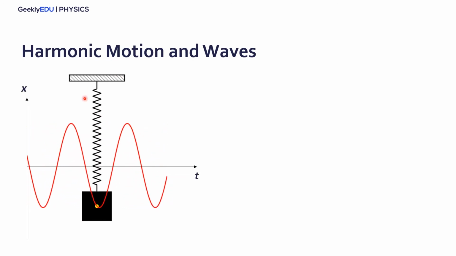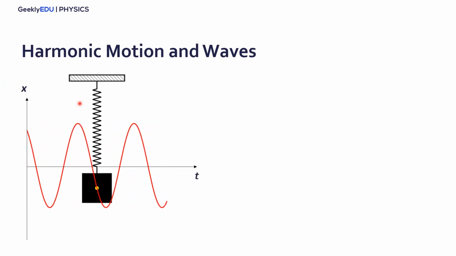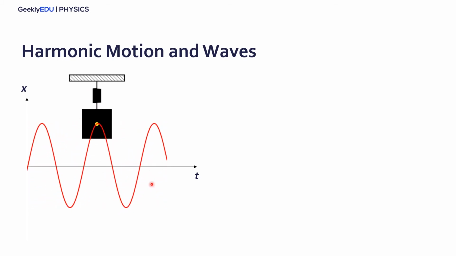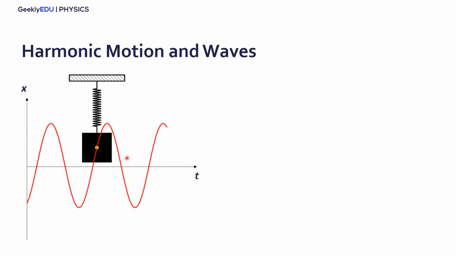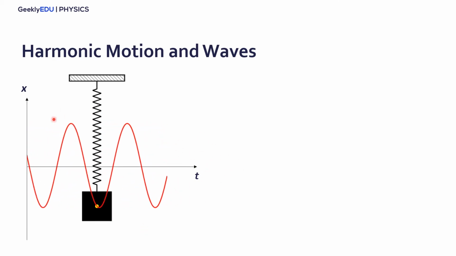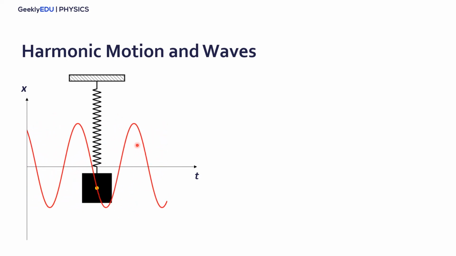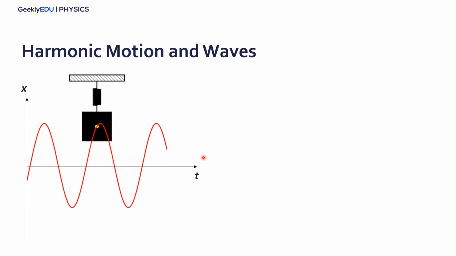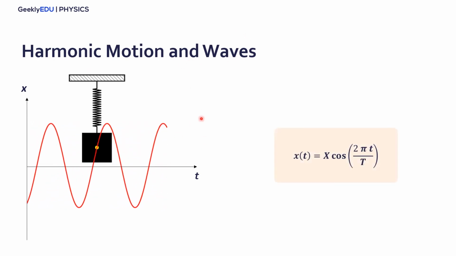Now let's put two axes here. Here is the space, so the block is moving up and down, and now it's moving over time. If we plot this, we see this red line here. That's actually a wave. So we can relate harmonic motion with waves like this.